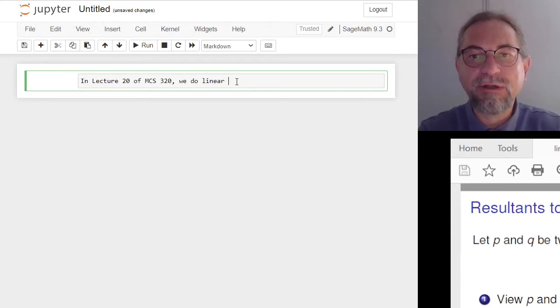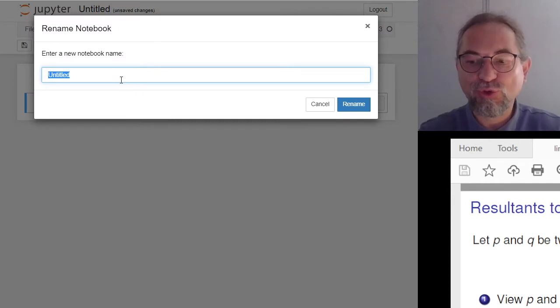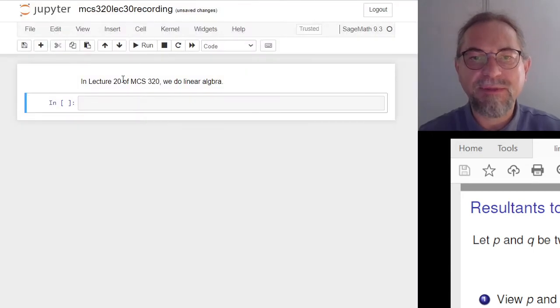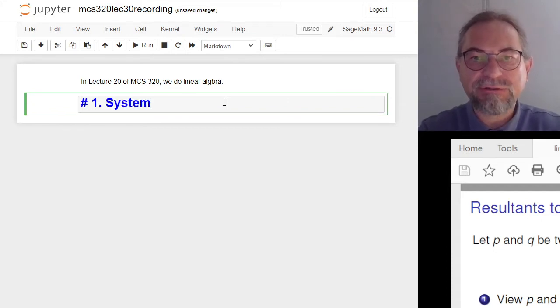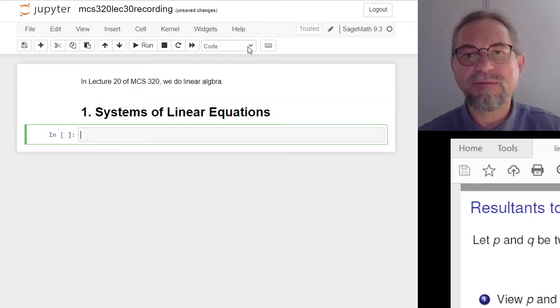So we do linear algebra, and what this actually means is to solve systems of linear equations. This is the notebook that I'm making with the recording. Systems of linear equations are defined by matrices.